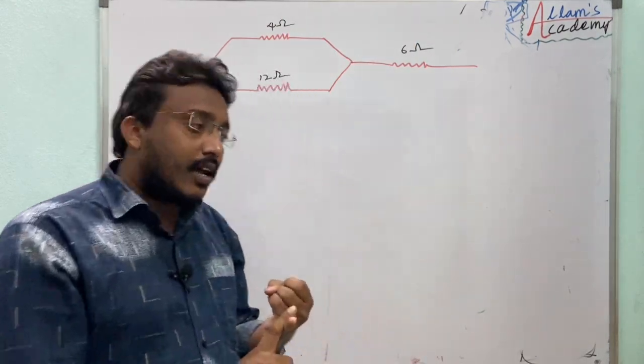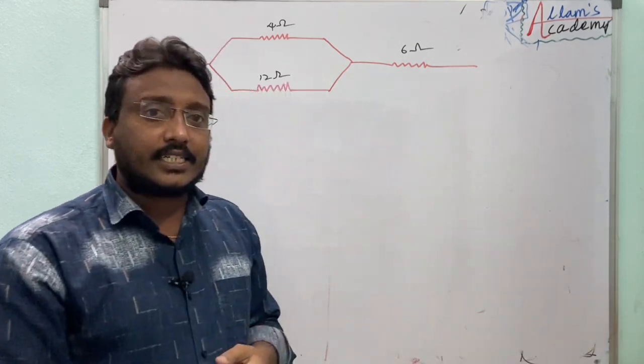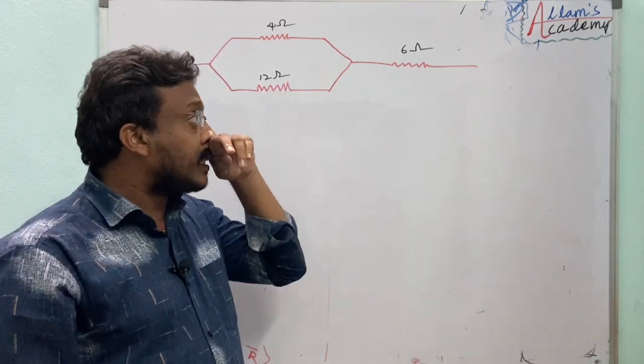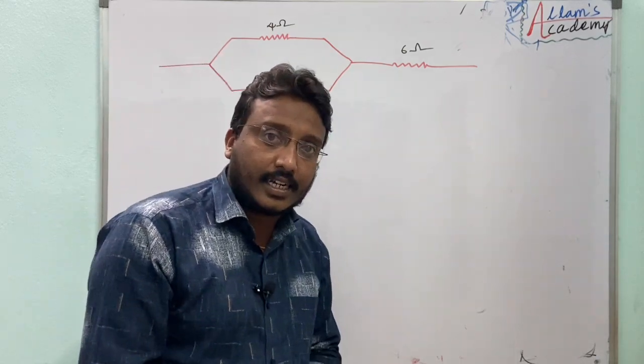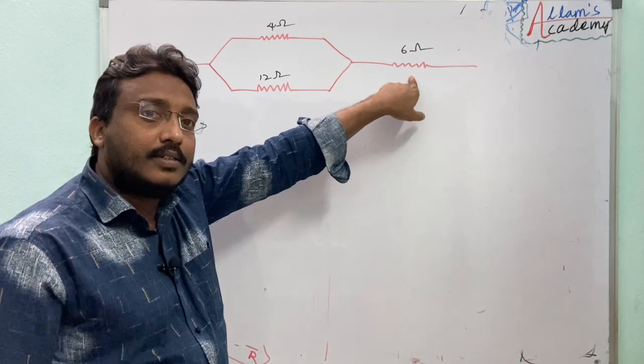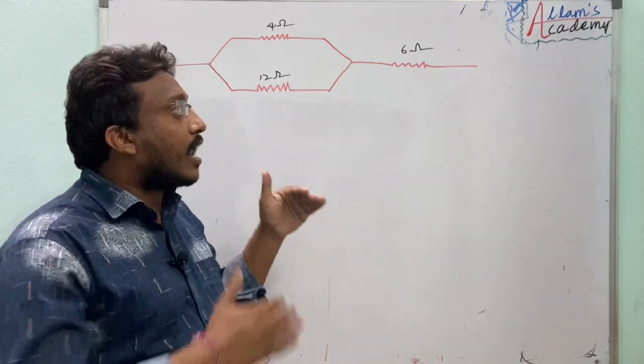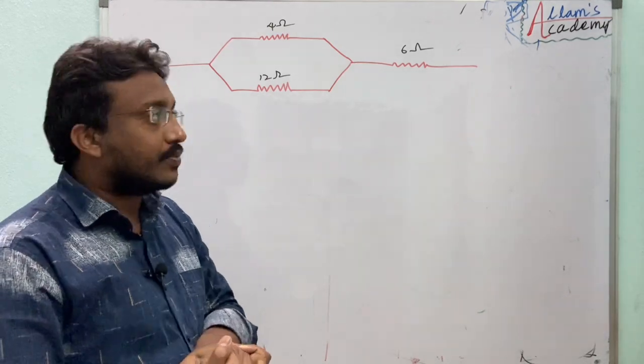You will get a question like this. Just before, I gave one example related to only series connection and one related to only parallel connection. But here, parallel connection and one more resistor are there. Sir, how can we find out?